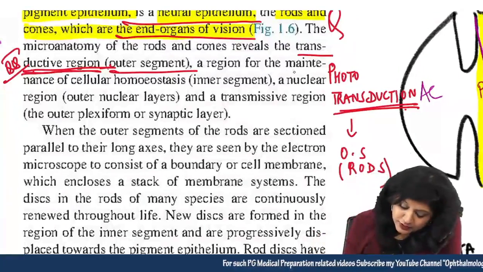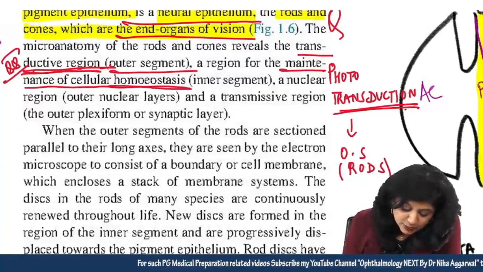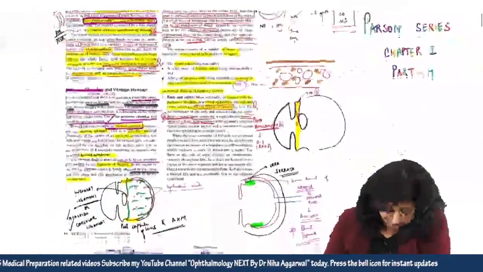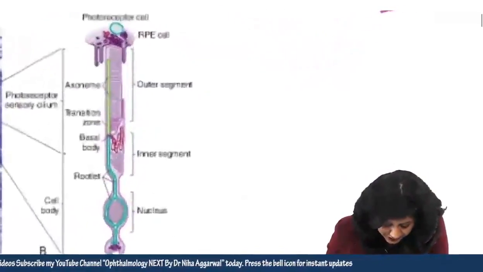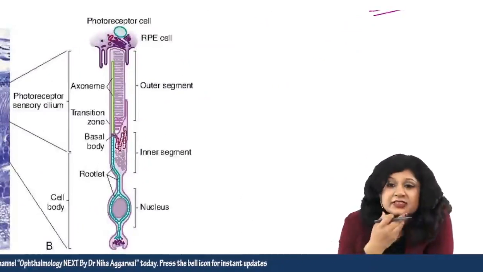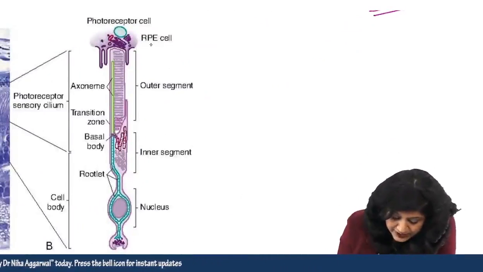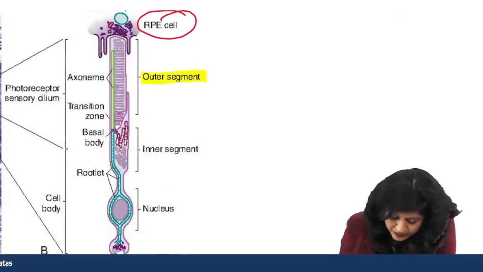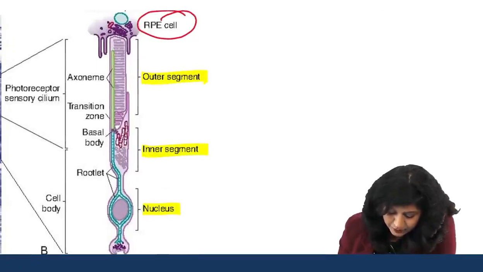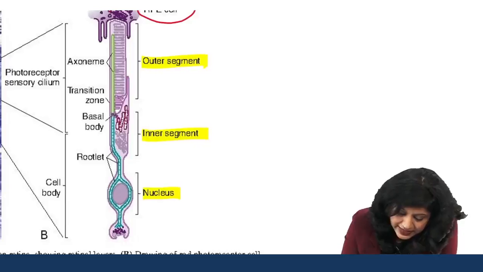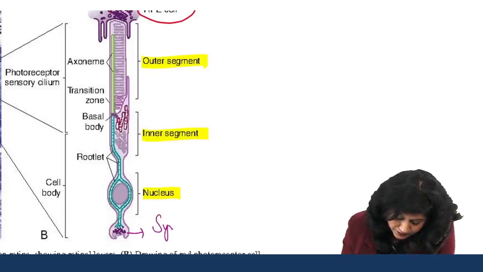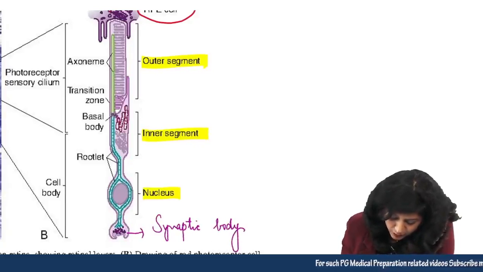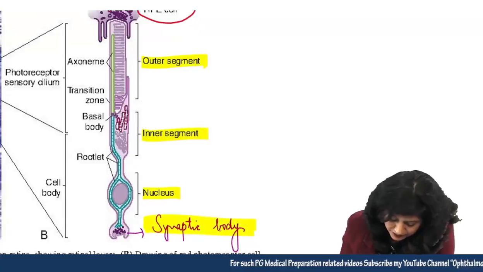Then we have got a region for the maintenance of the cellular homeostasis. So if you look at the structure of the rod photoreceptors, see this, I'll try to show you, then you'll get to understand. See, this is a photoreceptor. So photoreceptor, this is your RPE, and then starts your photoreceptor. Now this consists of an outer segment, then an inner segment, then we have got the nucleus, and this area will be your synaptic body, something like this.